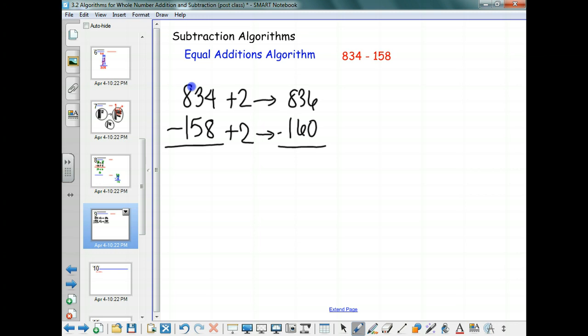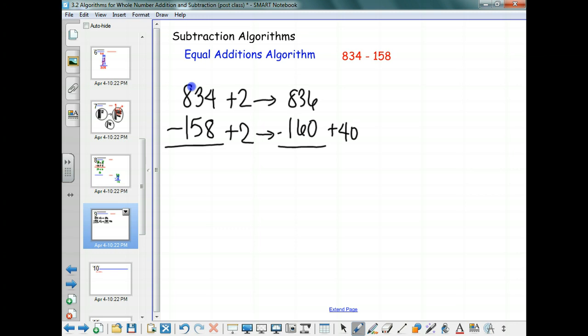I'm not done here because I would not have eliminated the need to borrow. So I want to take the number 160 and turn it into something else that's easier to subtract with. What could I turn it into? What is that? 200. It would be a little bit easier to subtract 200 from something than to subtract 160. So what would I have to add to 160 to turn it into 200? 40.